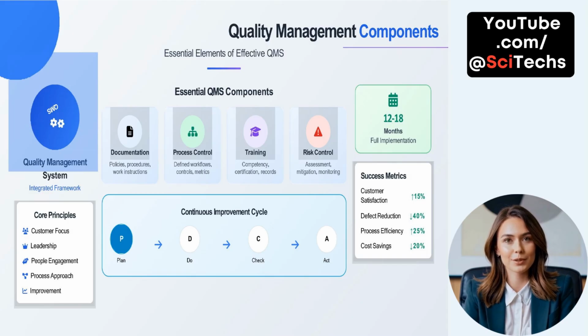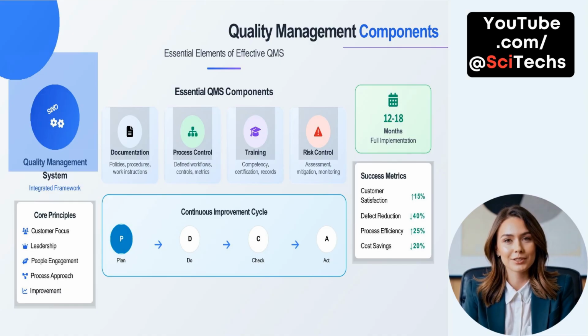Quality management components. An effective quality management system, or QMS, is built on an integrated framework that ensures quality across all processes. At the core are 5 essential QMS components: documentation, process control, training, and risk control.